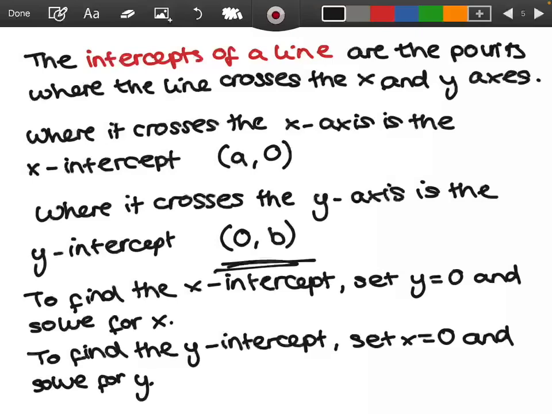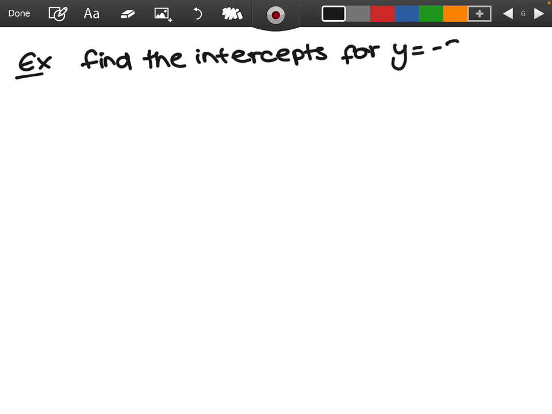Okay. So let's do that for our example. In our example, we had y equal to negative 2x plus 6. So find the intercepts for y equal to negative 2x plus 6.